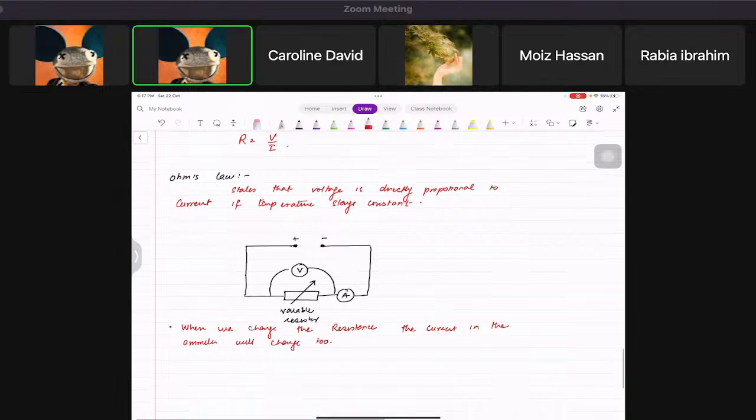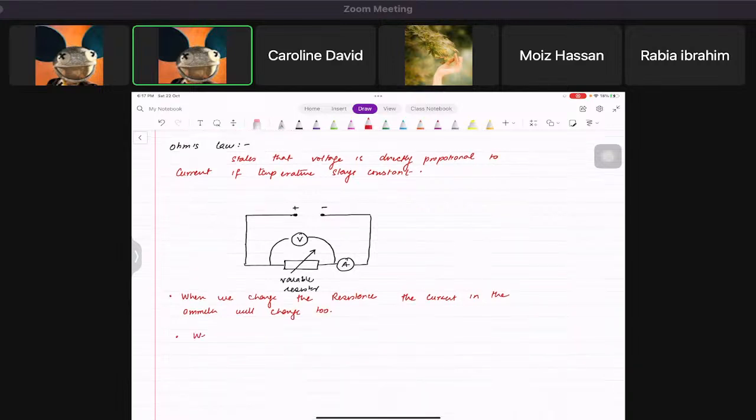So we can then prove that the voltage is really equal to the current times the resistance, and the voltage will be the same that is coming here. So we can check the current through the ammeter, we can see what resistance we've set on the variable resistor, and we can prove that.